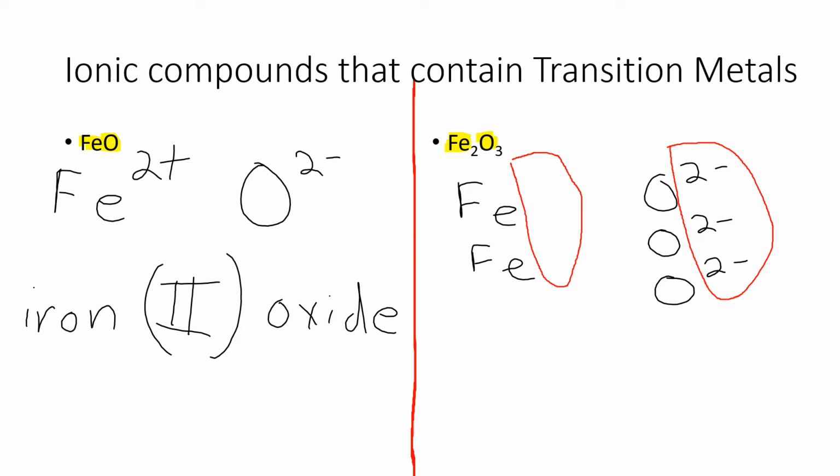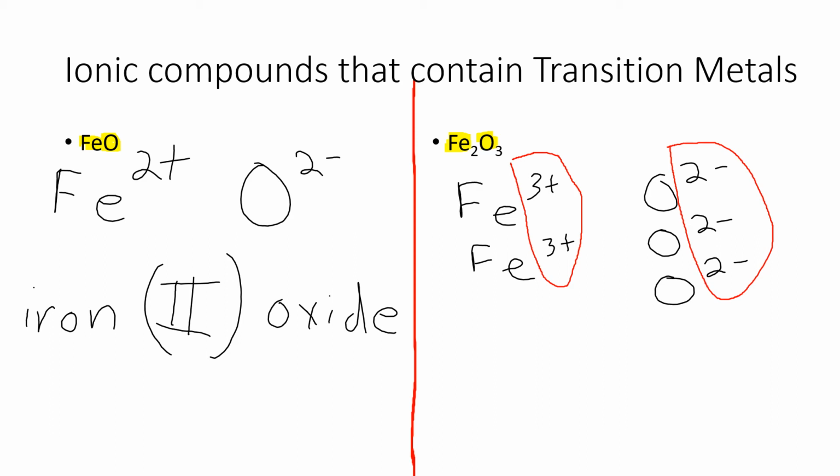Well, if my sum total needs to be +6, that means each individual iron has to be +3. +3 and +3 would give me +6. That would balance out with the -6 that are coming from the oxygens. So that's how we determine that the charge on this iron is +3, by using charge balance and what we knew about the negative ions.